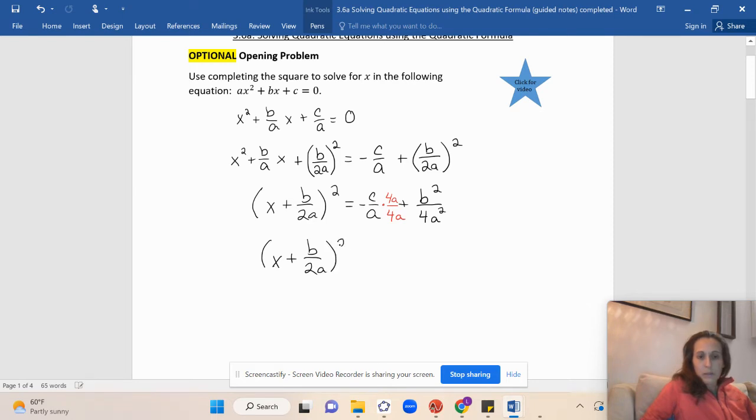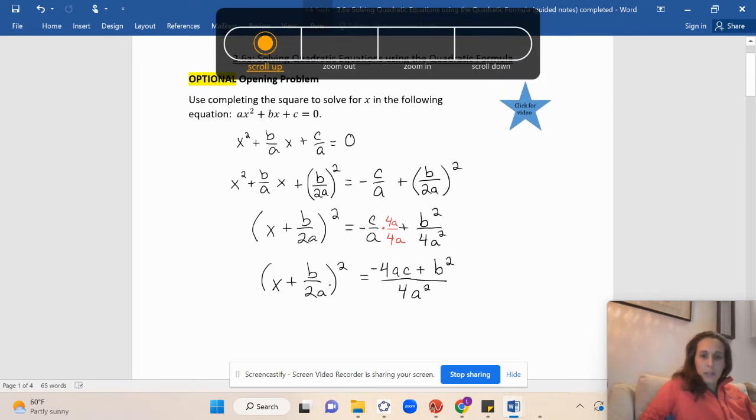So we have the same left-hand side. And on the right-hand side, we have our common denominator of 4a squared. And the numerator is going to be negative 4ac, because that was a negative c over here, negative 4ac plus b squared.